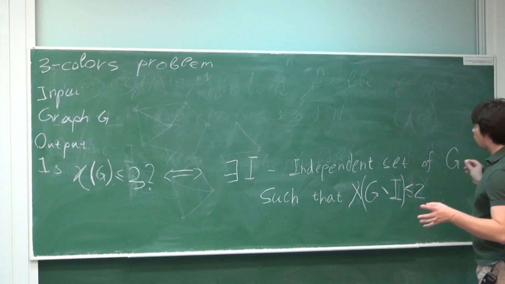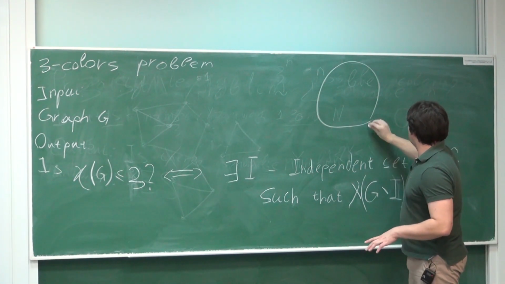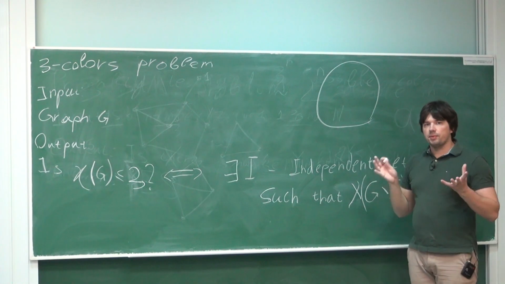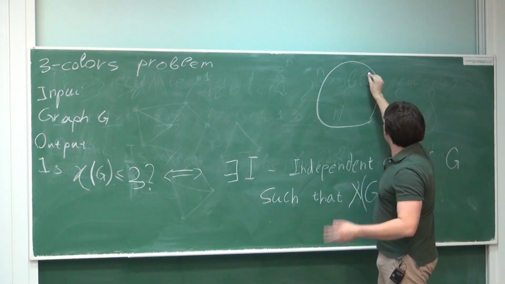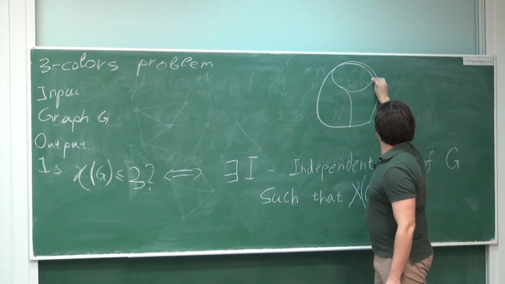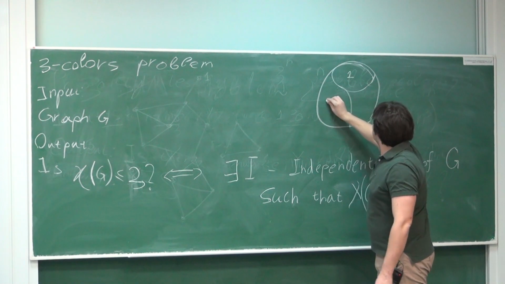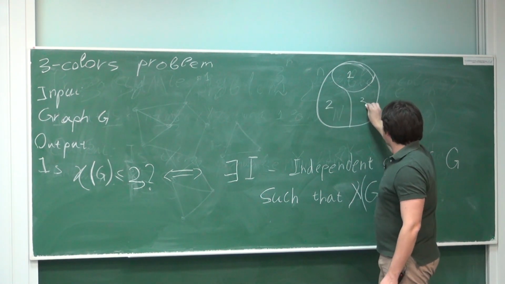So what does that mean? We're taking our graph G. If it is 3 colorable, that means that we can divide it into 3 parts, right? Part 1, part 2, and part 3.